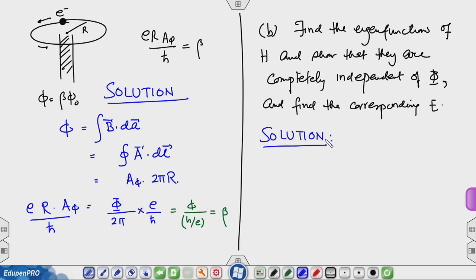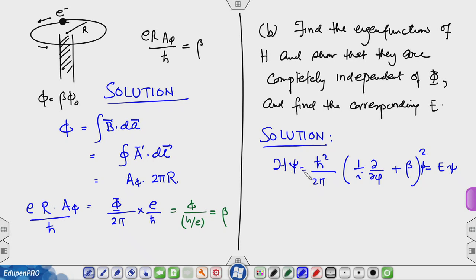Solution: you are given the Hamiltonian to be h cross square over 2 I, (1 over i d by d phi plus, due to what we did in part A, beta) square, acting on psi equals E psi.